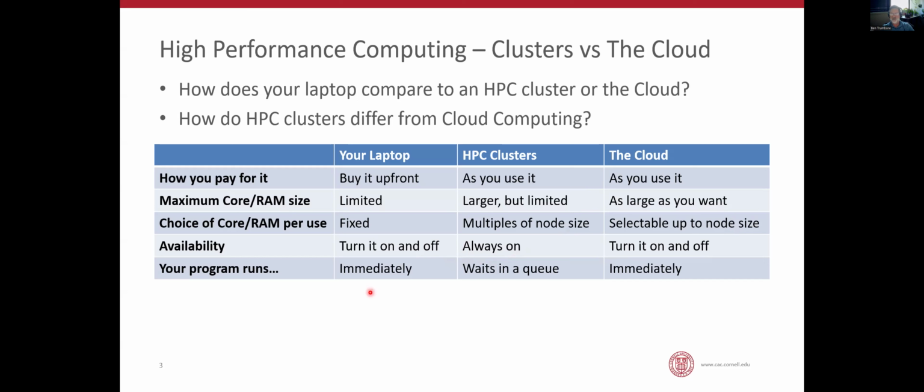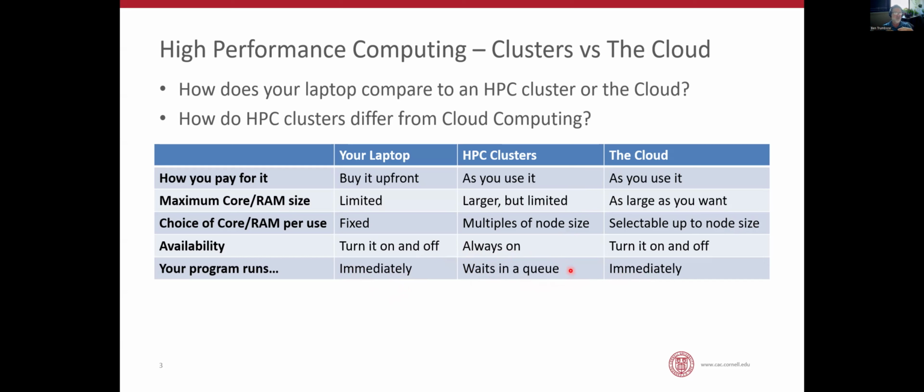And finally, another parallel between your laptop and the cloud is that you can have access to it whenever you want. You turn it on when you want it, you use it right away, and then you turn it off when you're done using it. An HPC cluster is a shared resource. It's always up and running, and multiple users are using it at the same time.